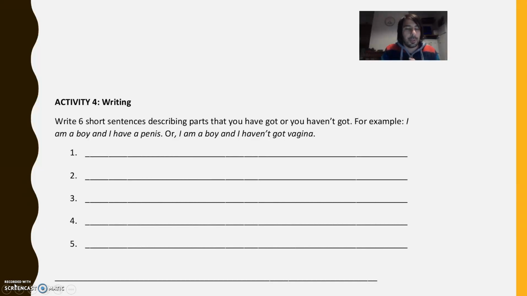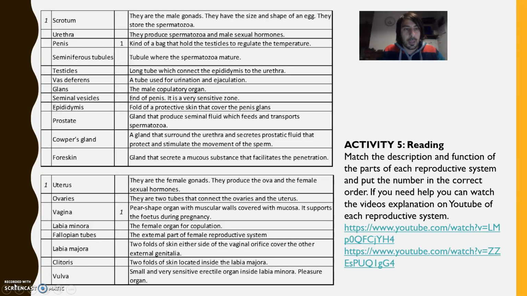For example, I put an example: I am a boy and I have a penis. Or the negative one: I am a boy and I haven't got a vagina. They have to write this down, and it will be useful for another activity that they have to do later.